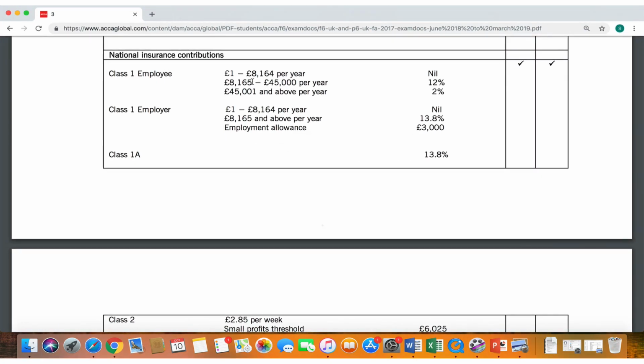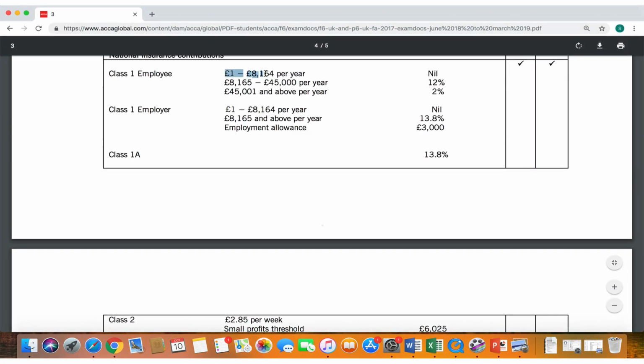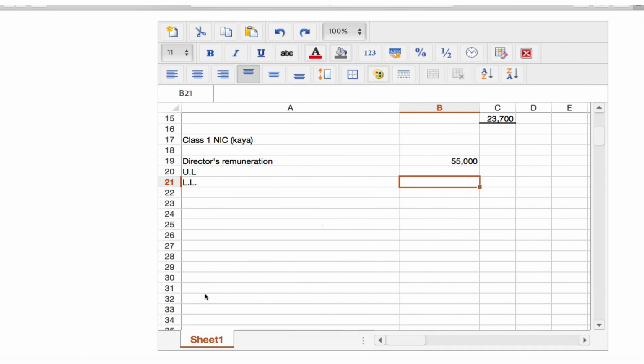I have my limits here for you. For the employee, between 1 and 8164, nothing. Between 8165 and 45,000, so my upper limit is 45,000, at 12%, and above that at 2%. Therefore, let's put this in. My upper limit was 45,000 and my lower limit is 8164.